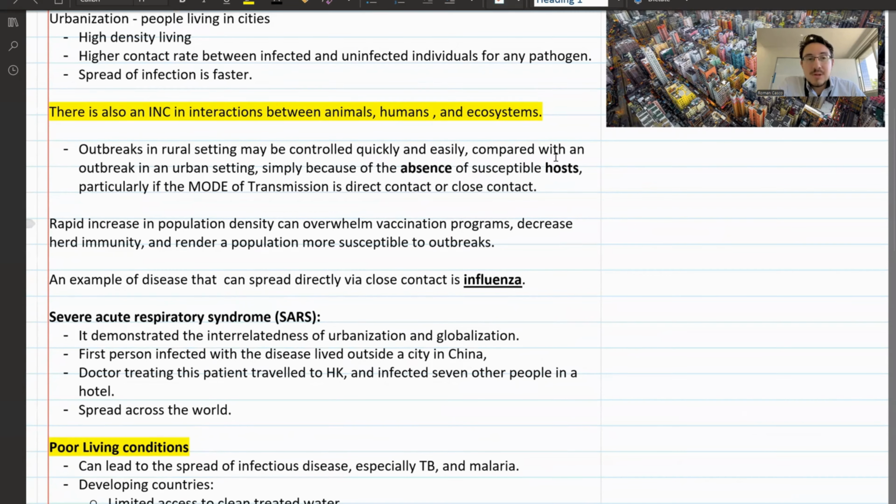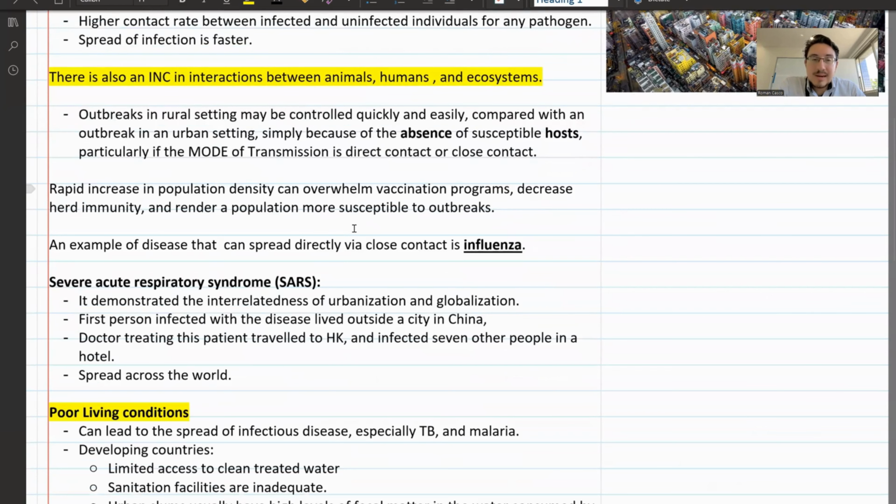Okay. So outbreaks in the rural setting, the countryside, if I can say, could be controlled relatively quickly because you don't have that many susceptible hosts if you were to compare it to an urban area. There's just not that many individuals. It's pretty simple, right?